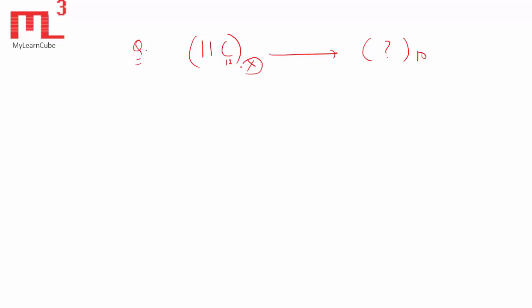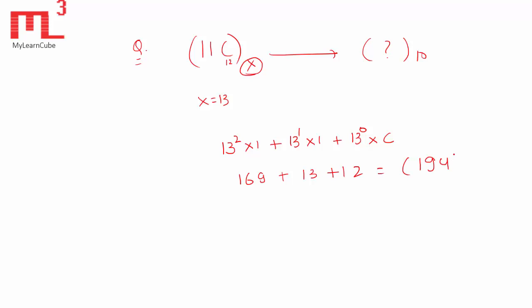So what is the least possible value of x you can have? 13. So 13 squared into 1 plus 13 into 1 plus 13 to the power 0 into c. Solve this, you will get 169 plus 13 plus 12, which is nothing but 194 base 10. Done.